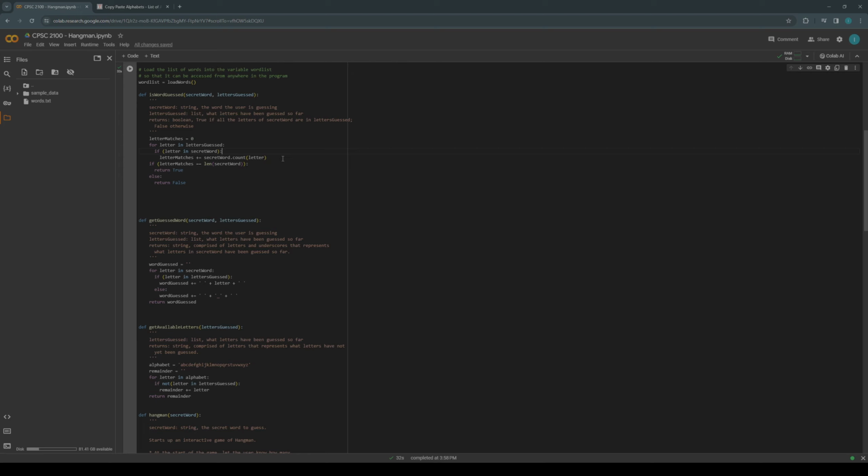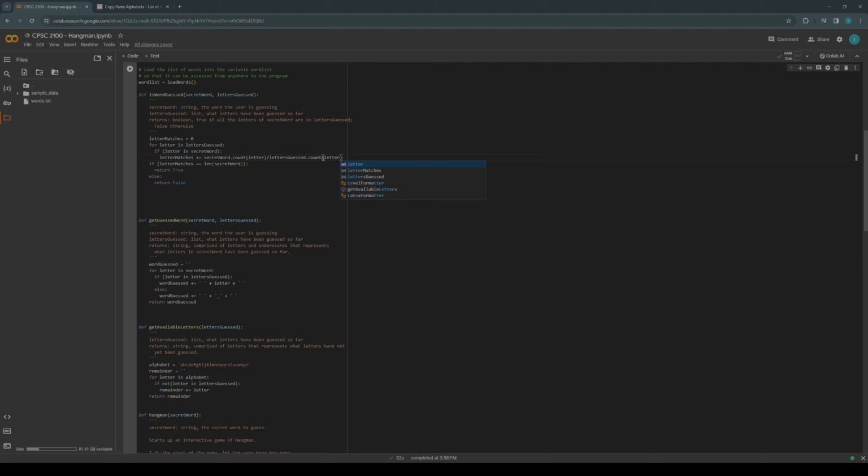I just keep the one time the letter was guessed. But if your code isn't like that and you are actually allowing the letter to be appended to the list again, then you would probably want to divide it by letters guessed dot count letter. Oh, I did not put letter inside the parentheses.